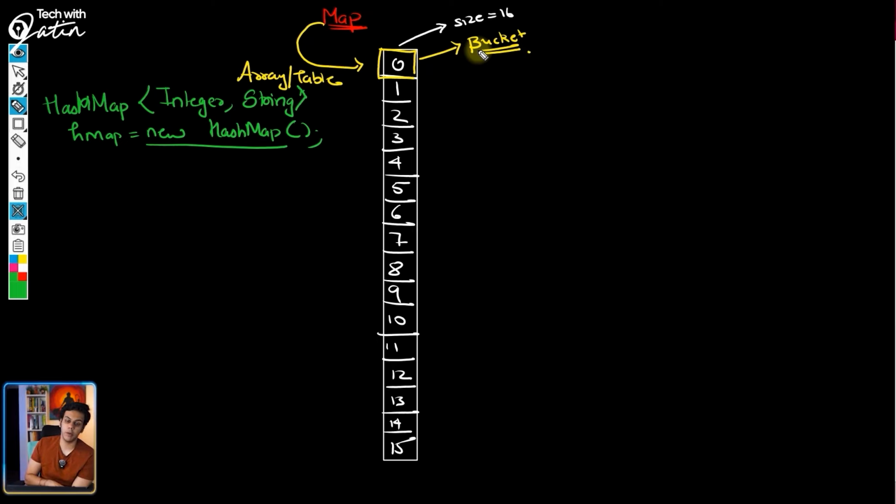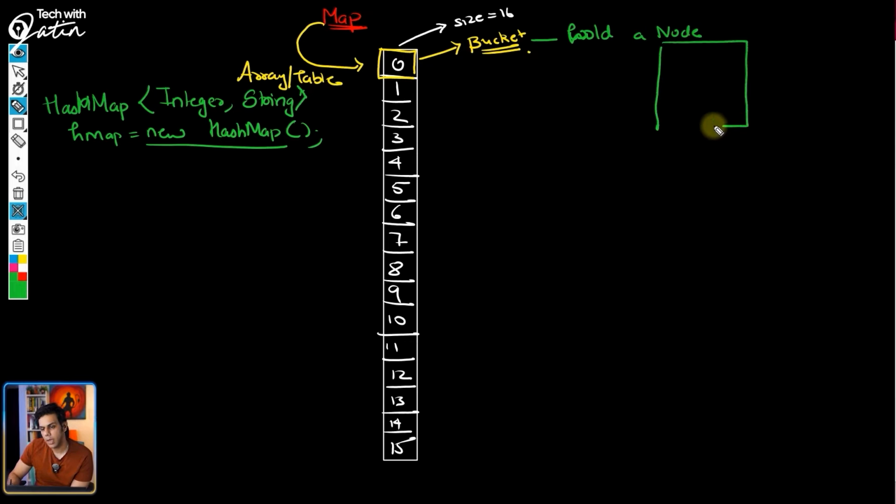Now, over here, guys, each index on this table, which is called a bucket, can hold a node. And a node is basically what? It is going to consist of certain things. First, int hash, that is the hash code value.